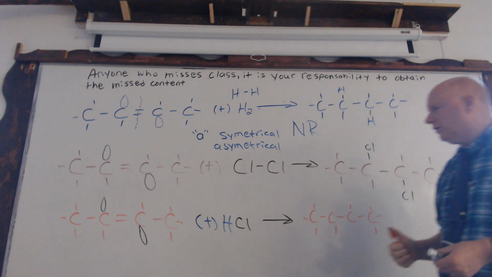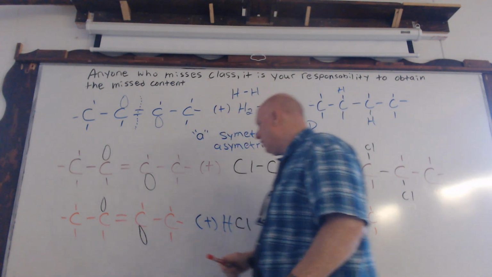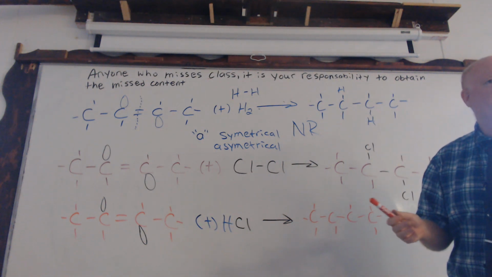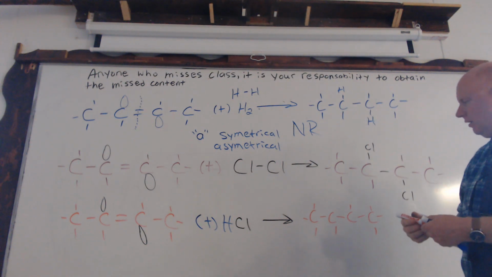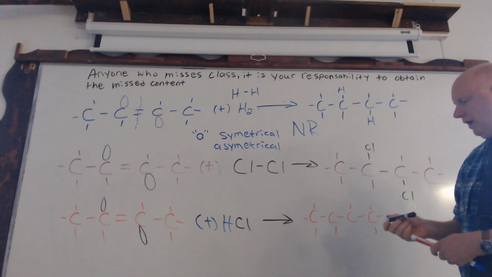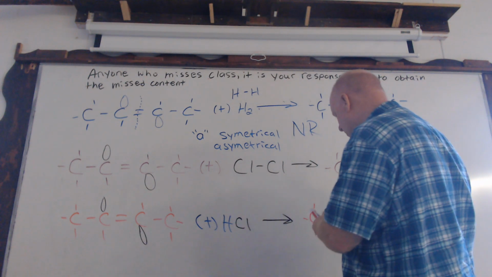Okay. So we see there's availability for bonding to take place here and here. So you can even go in that order, or you can flip-flop them. It doesn't matter. Okay. So on the second carbon, what do you want, Cl or H? You want H on the second one, so that is blue.